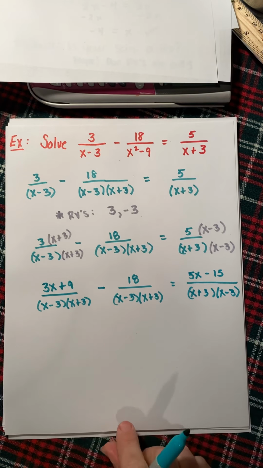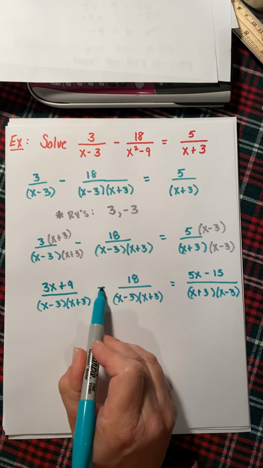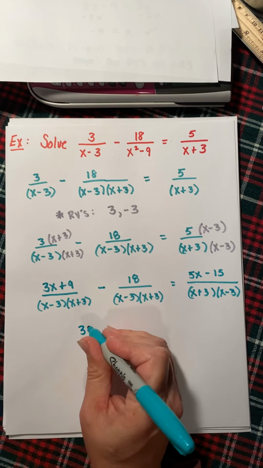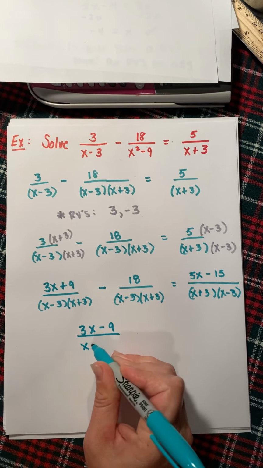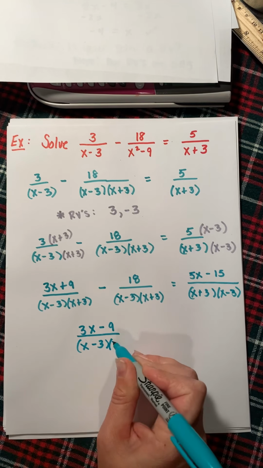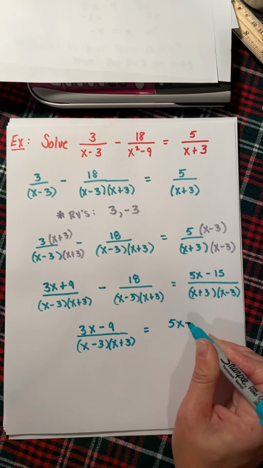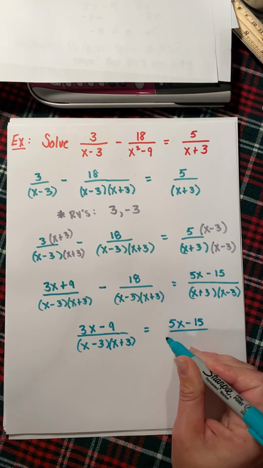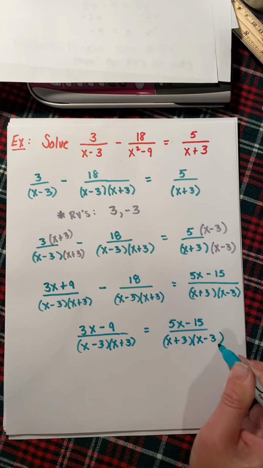Now let's get one fraction on the left side of the equation. 3x plus 9 minus 18 will be 3x minus 9 all over x minus 3, x plus 3 equals 5x minus 15 all over x plus 3, x minus 3.